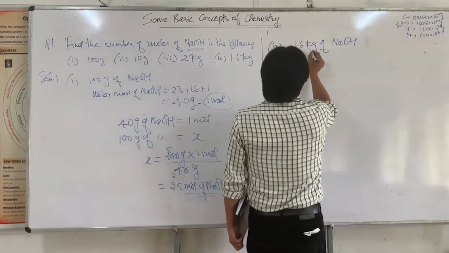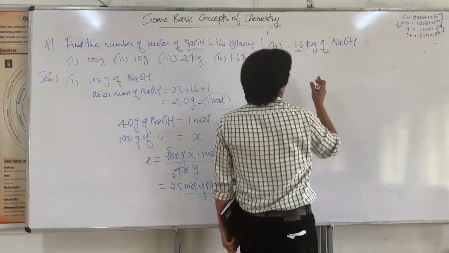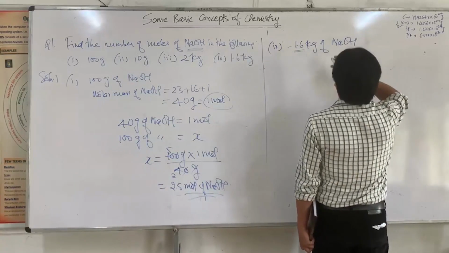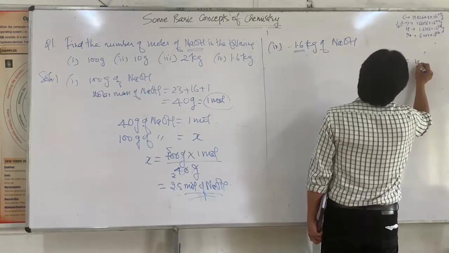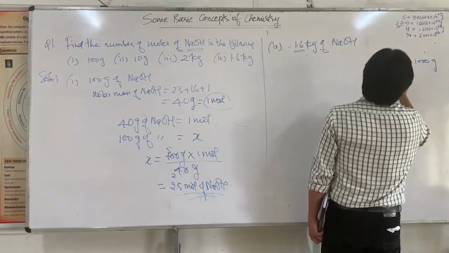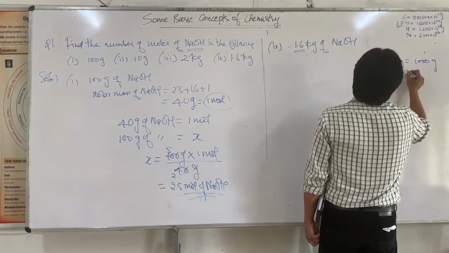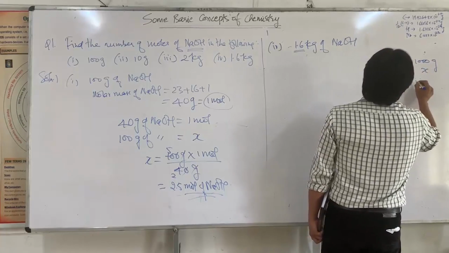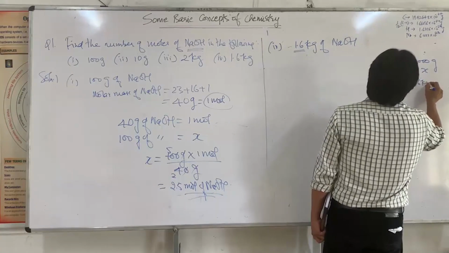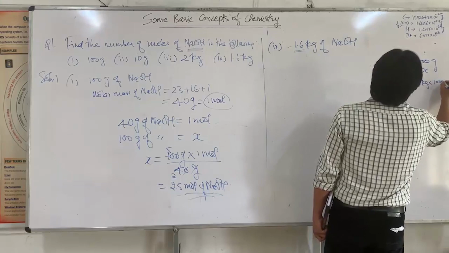So you should convert 1.6 kilograms into grams. We know that 1 kilogram is 1000 grams. So when you have 1.6 kilograms, how many grams is this? Cross multiply. It is equal to 1.6 kg into 1000 grams.